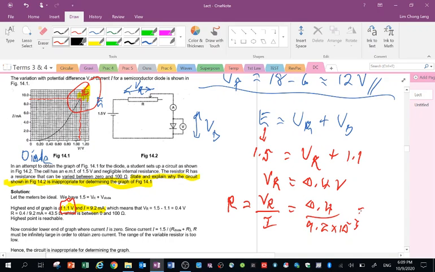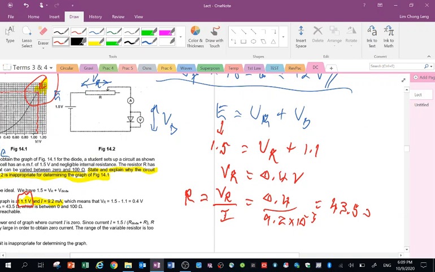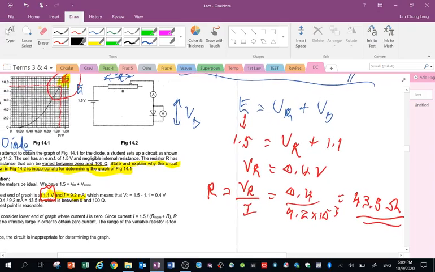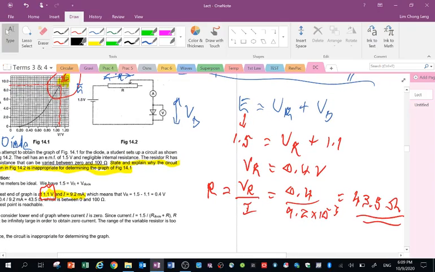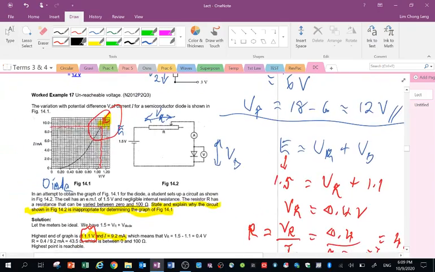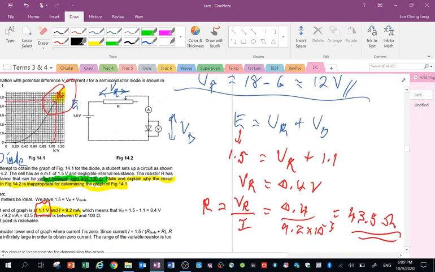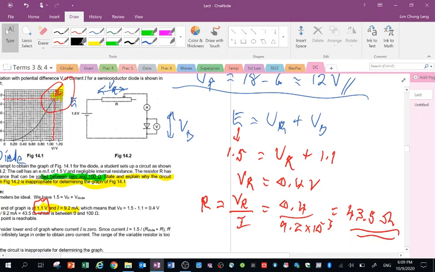So that will give me a value of 43.5. So this resistance is reasonable, okay? So 43.5 is still within the range because the range was given to be between 0 and 100, okay? So 43.5 is within the range. So this is possible. The upper end can be achieved.